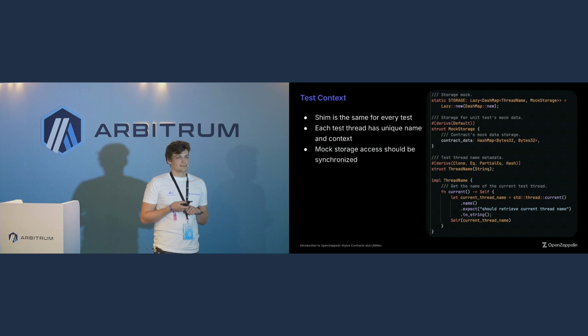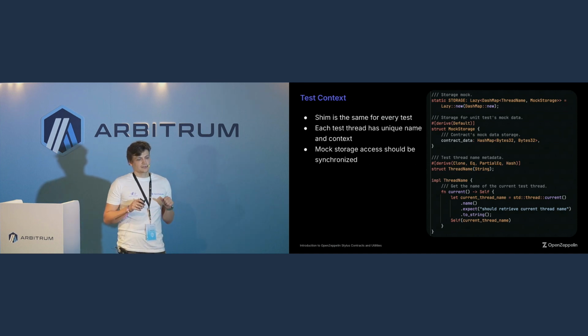But there is a problem: that shim is the same for every test, and tests in Rust are by default run in parallel. Technically, you need to synchronize them somehow or make it possible to run them concurrently.